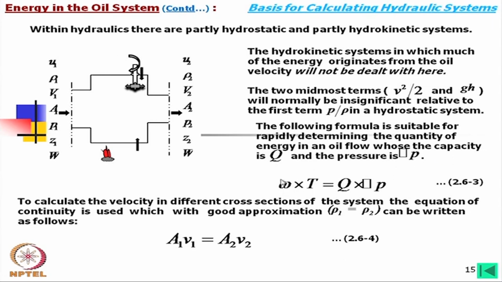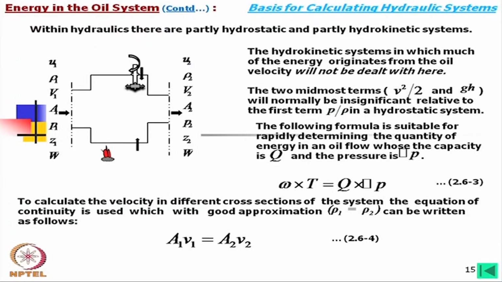So, while calculating power, we consider the angular speed and the torque, omega T, which is equivalent to Q into delta P. We learned this in an earlier lecture, but if you consider the units, omega is radian per second and torque is Newton meter in the SI system. So it is Newton meter per second, which gives us watt, the power.